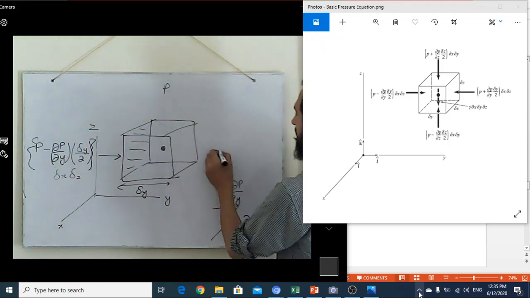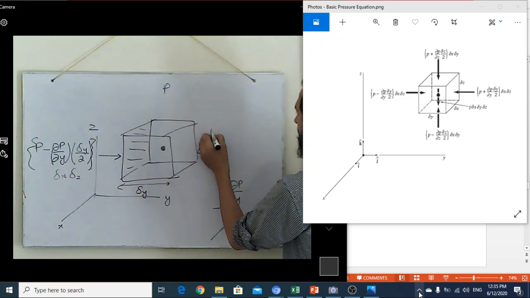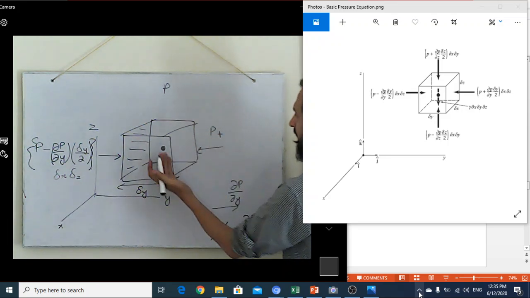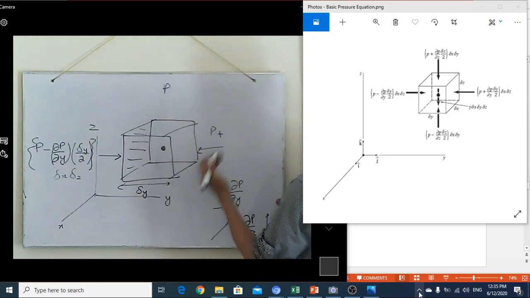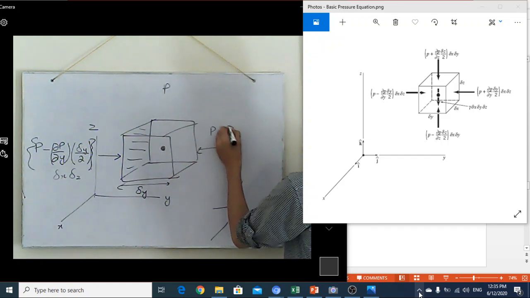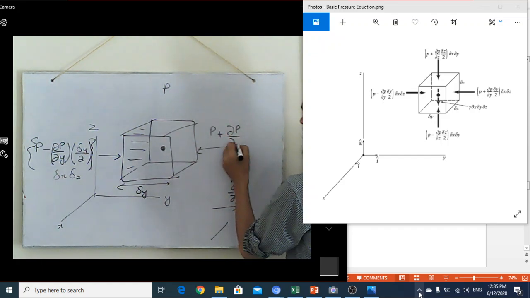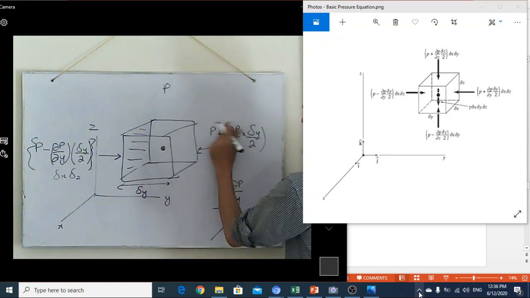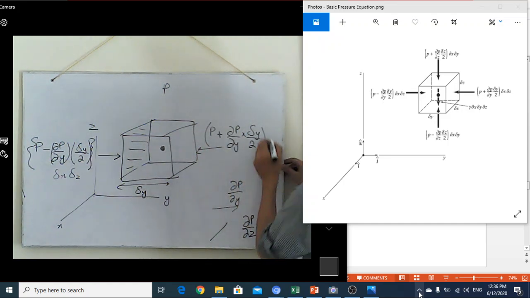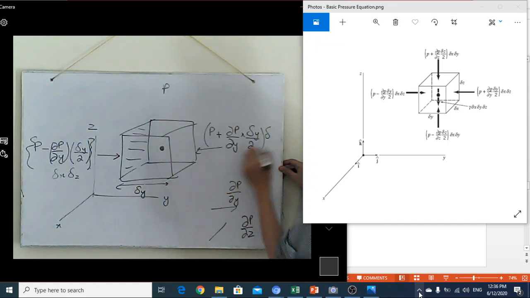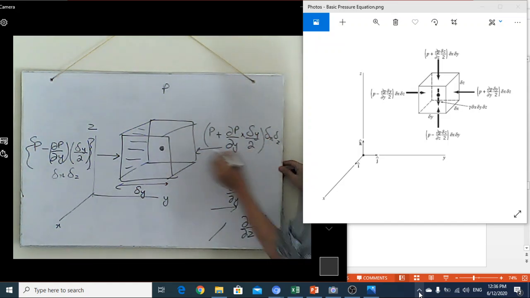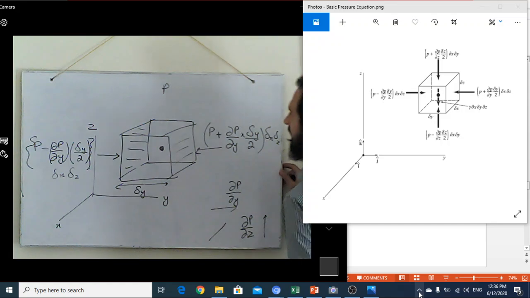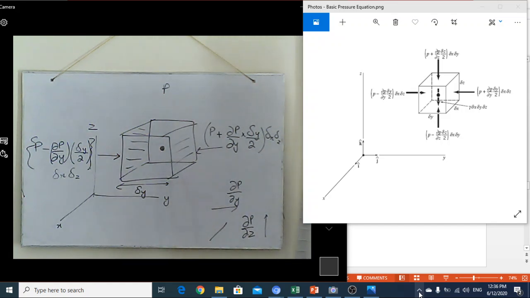Similarly for this point, what you have to do is P, and we are moving forward, so we have to add this pressure gradient, and for how much length? For that much length. Okay, and again we have to consider the dimensions, which are x and y, applying on that particular surface.